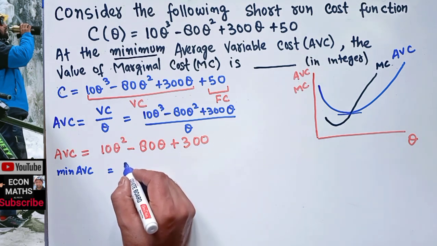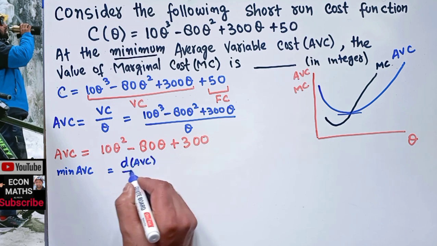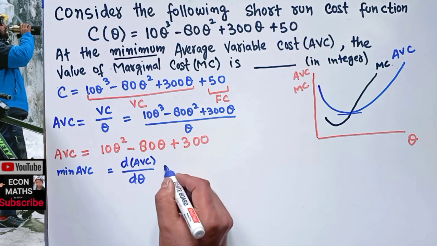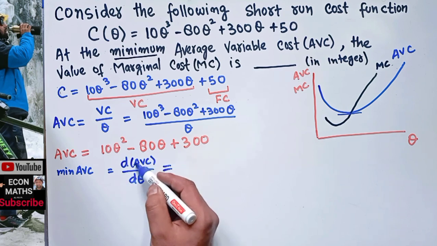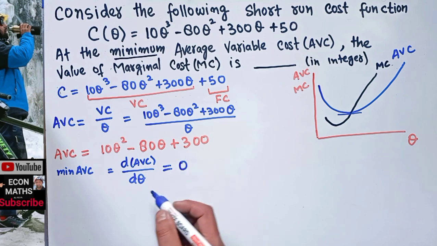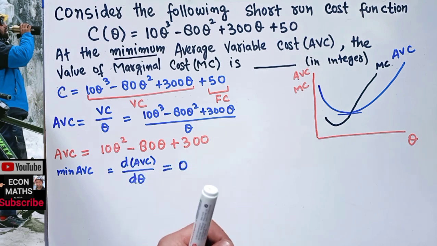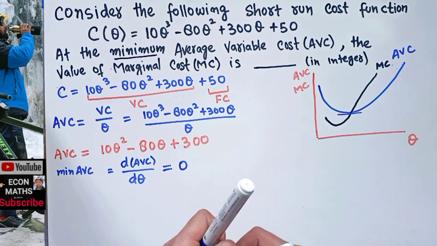So dAVC divided by dq denotes the slope of average variable cost, and the point where the slope is equal to 0 will give us the minimum point.